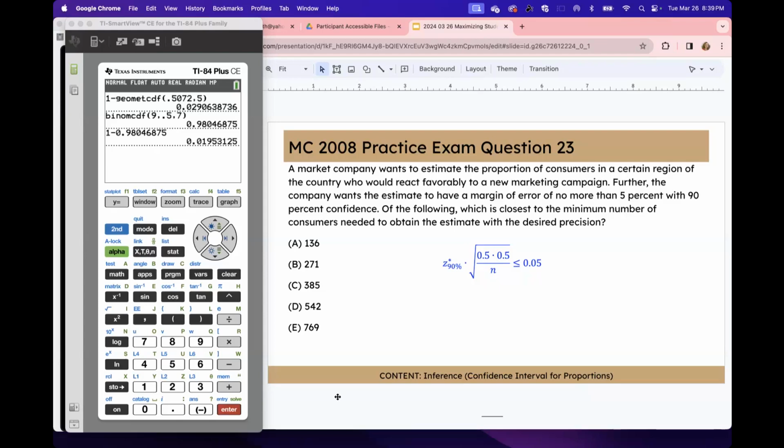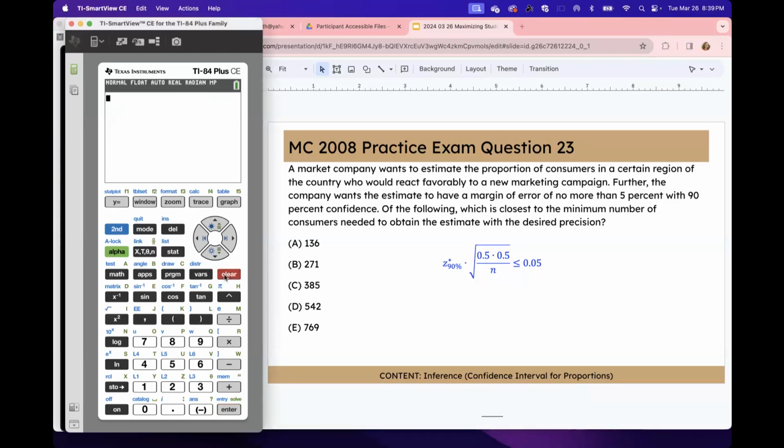Setting up the problem, now I've done the statistics part, but now it's the students who have to do a little bit of calculator work, and then I'm going to be solving an inequality. So to finish the statistics part, I can find my Z star. This is going to be using my distributions, and I'm doing an inverse normal this time because I'm not finding area, I'm finding that number down on the bottom.